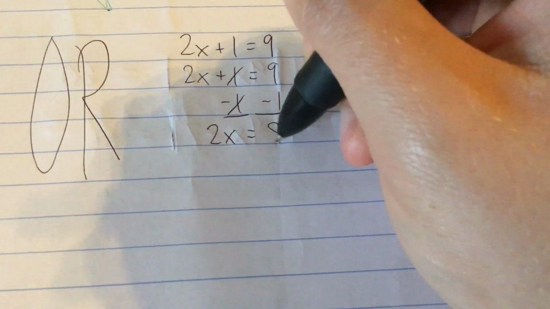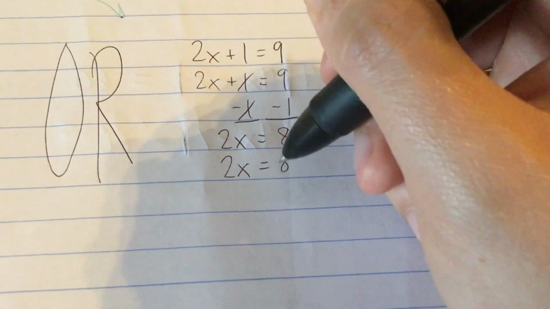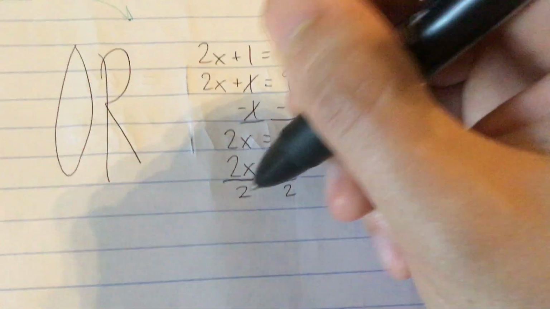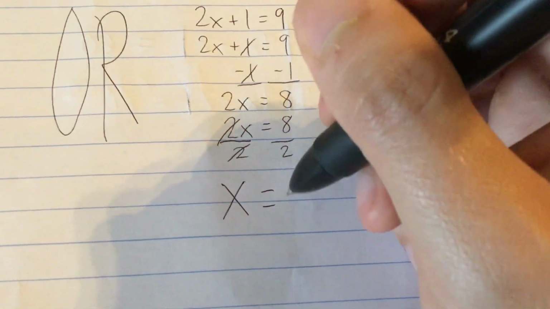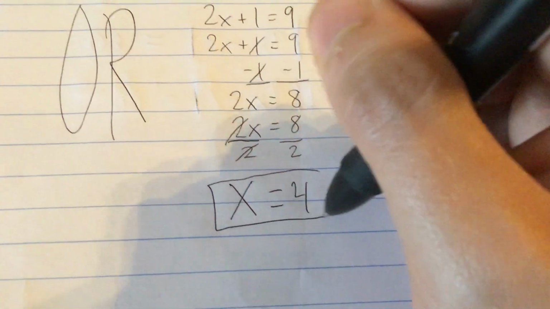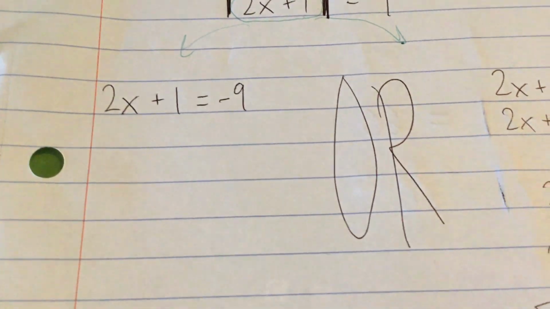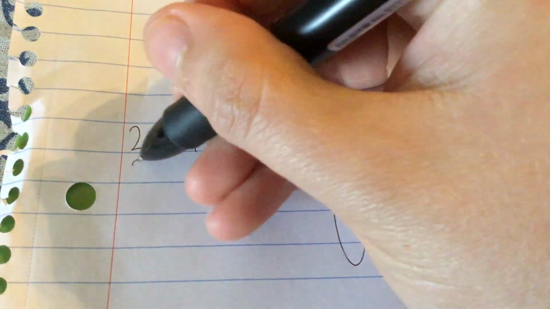That results in positive 8. 2x is equal to positive 8. So I need to undo the layer of x by dividing both sides by 2. And that gets x finally isolated for one of the solutions. x is equal to 4. Now, we have to do the same layers and undoing for 2x plus 1 is equal to negative 9.